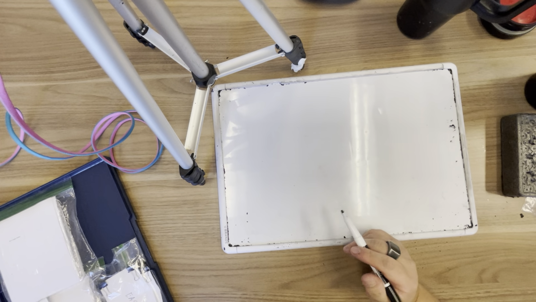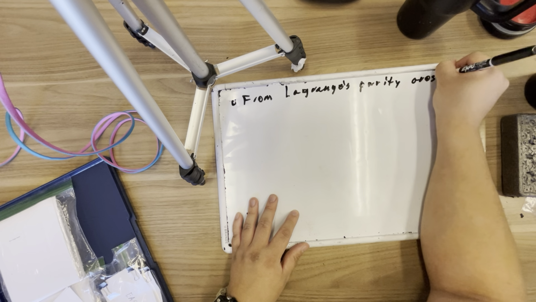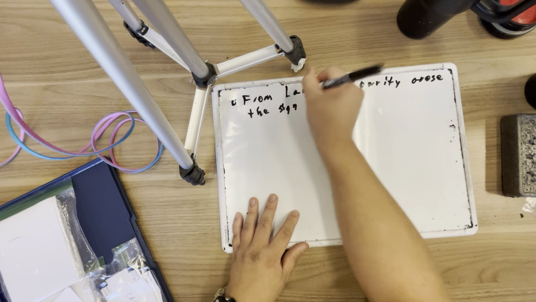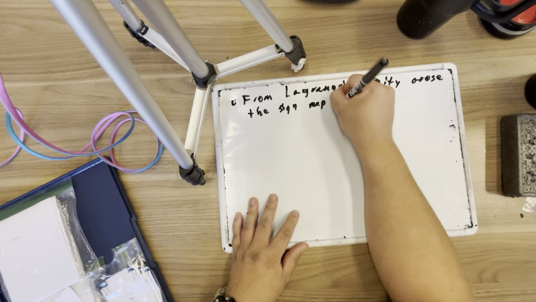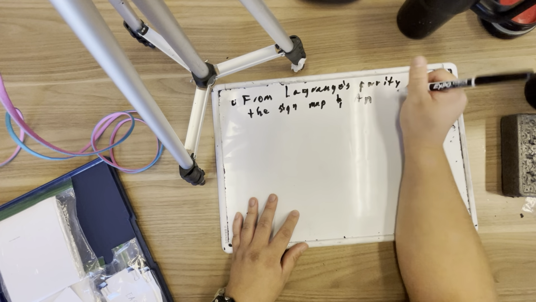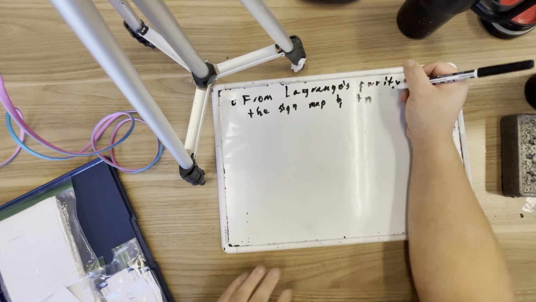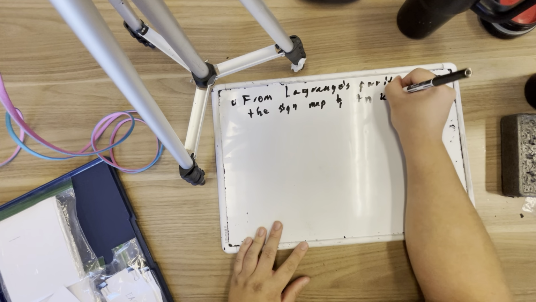This is mainly from the fact that, as we mentioned earlier, from Lagrange's parity arose the sign map, and the alternating group is equal to the kernel of the sign map.